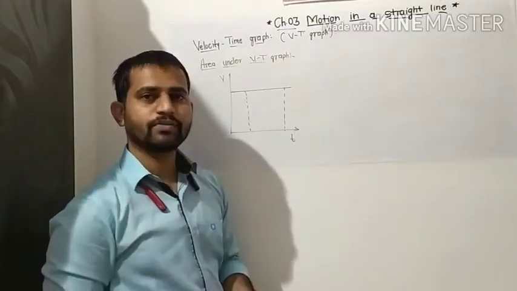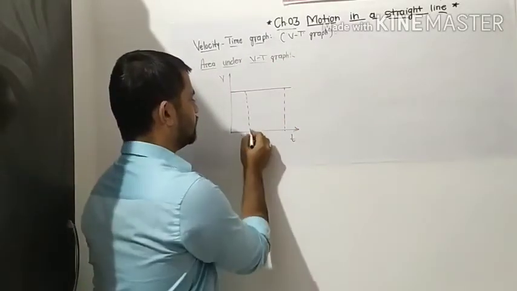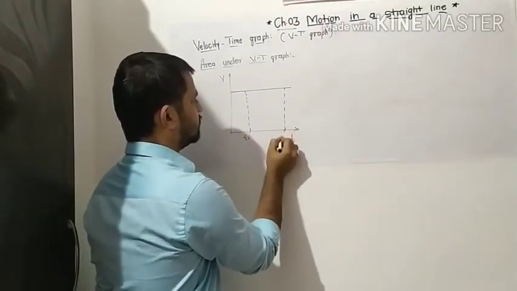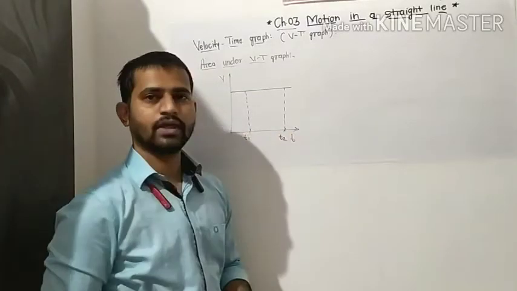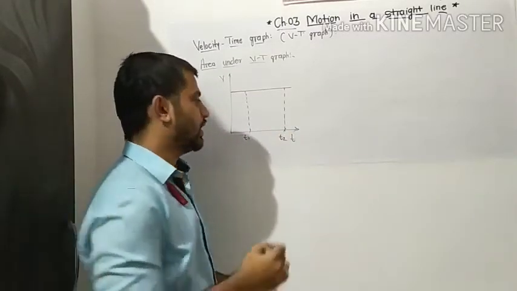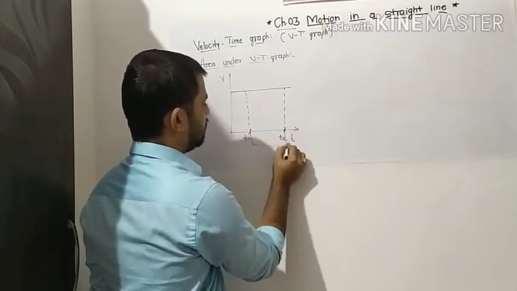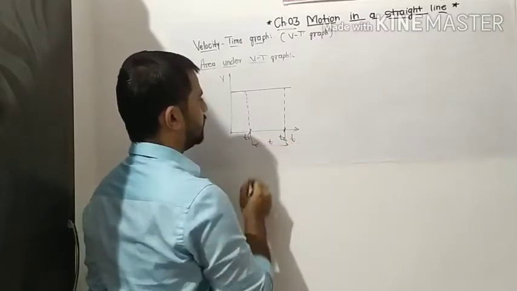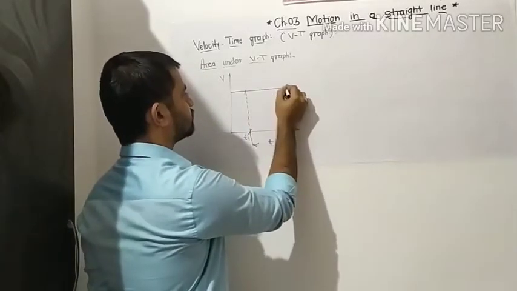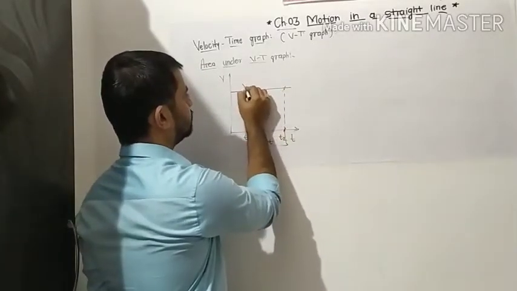Okay, if we take the projections of this curve, then suppose it is at t1, this is t2, and the total time interval is t. Then here will be v1.